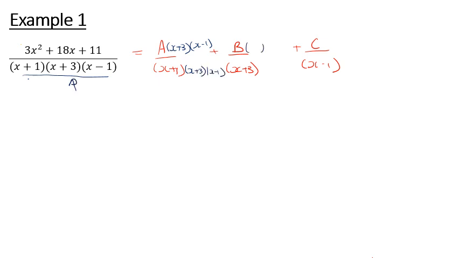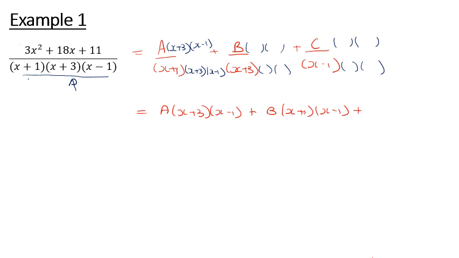You could do that with the second and third fractions, making sure that all 3 brackets are visible on the bottom each time. This means then that the A will be multiplied with x plus 3 and x minus 1. The B will be multiplied with x plus 1 and x minus 1. And the C will be multiplied with x plus 1 and x plus 3.